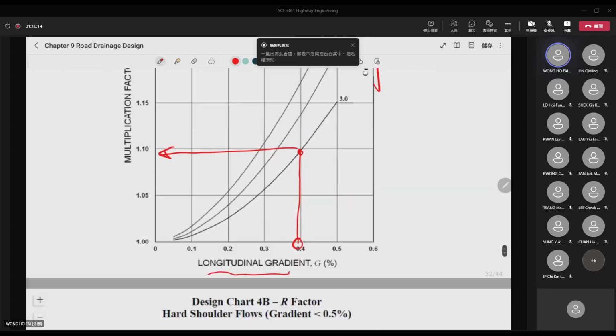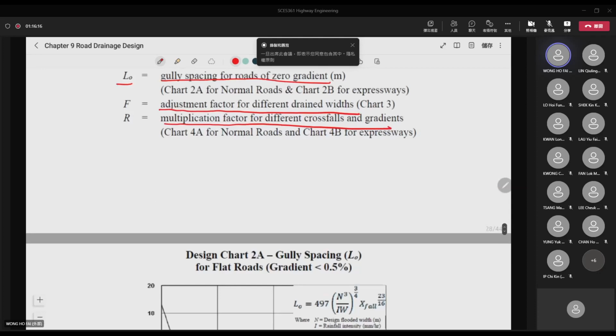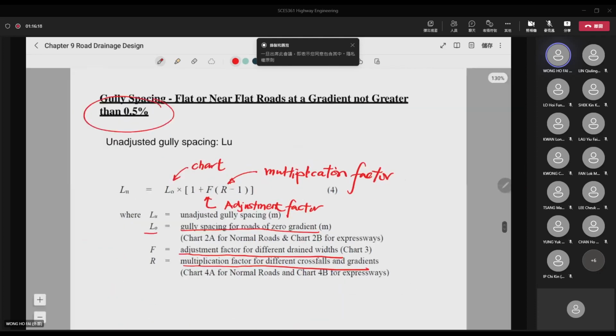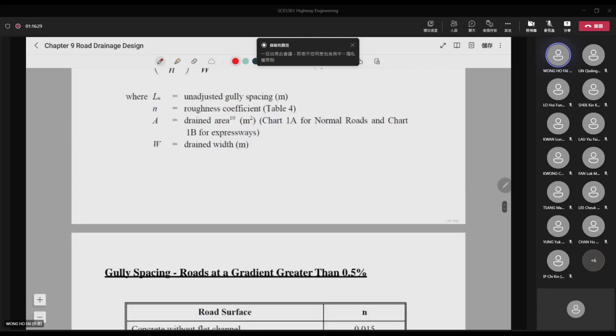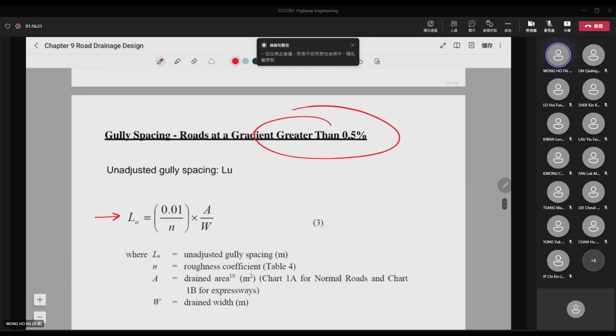We have one equation to calculate the gully spacing for the case where the gradient is 0.5% or smaller, and another for the other case.